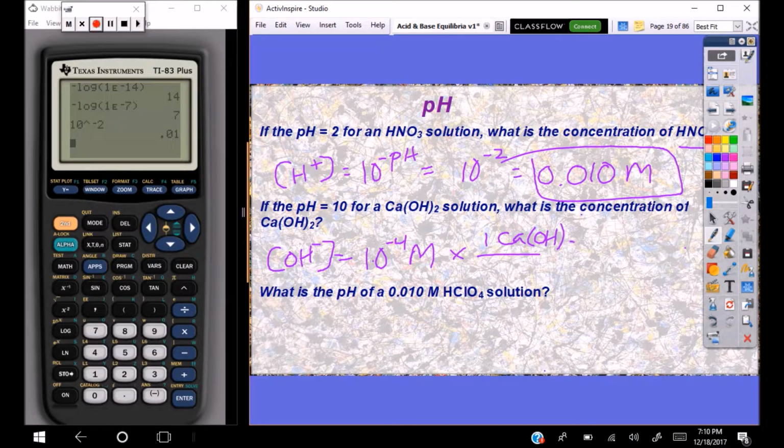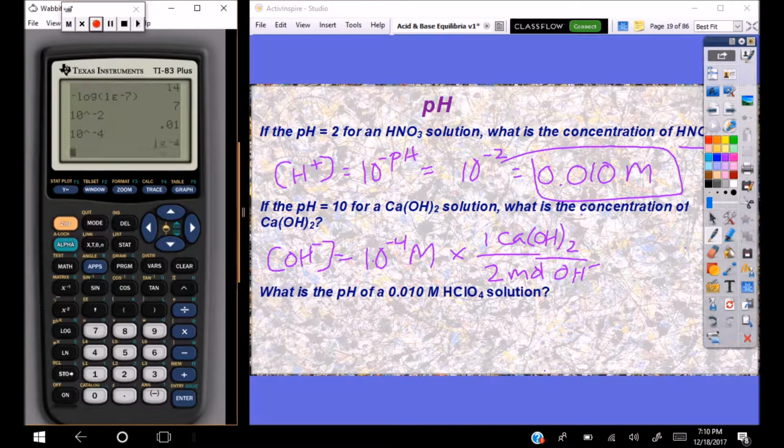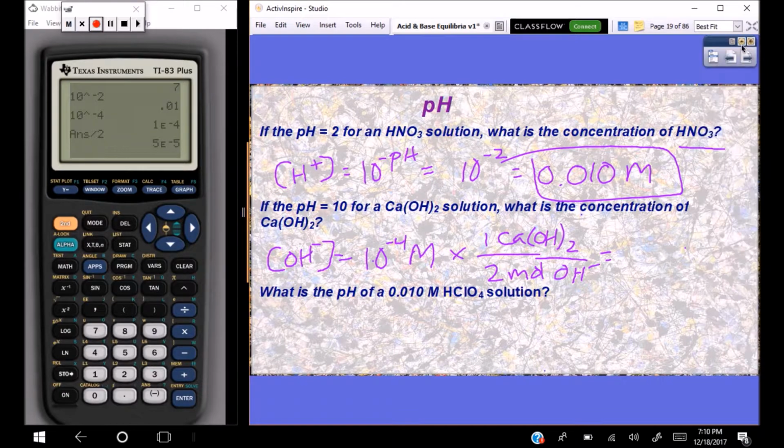Well, I know for every 1 calcium hydroxide, I've got 2 moles of OH minus. So I've got to do some stoichiometry a little bit, but that's okay. So 10 raised to the negative 4th, and I'm going to divide by 2. And I end up getting a concentration of 5 times 10 to the negative 5th molar calcium hydroxide. Okay.